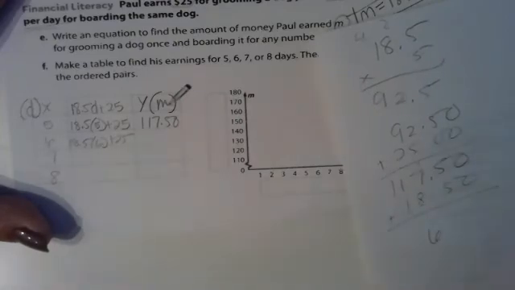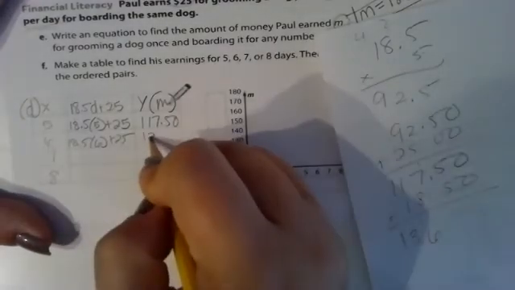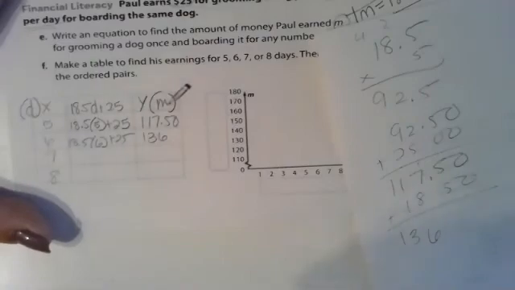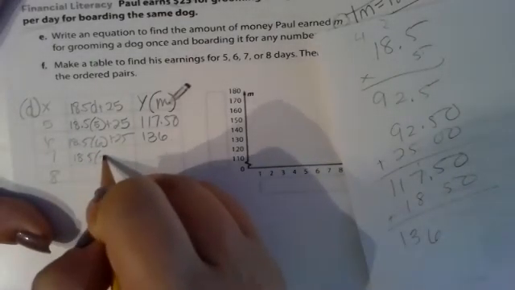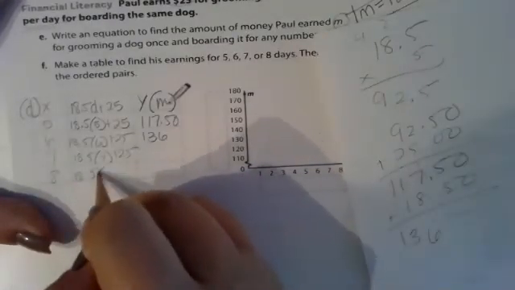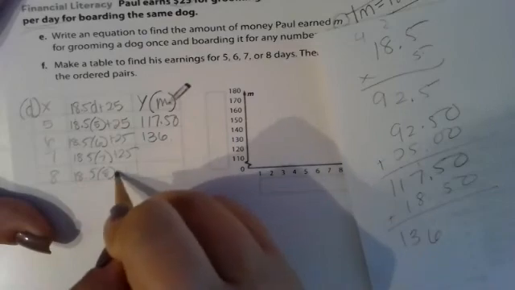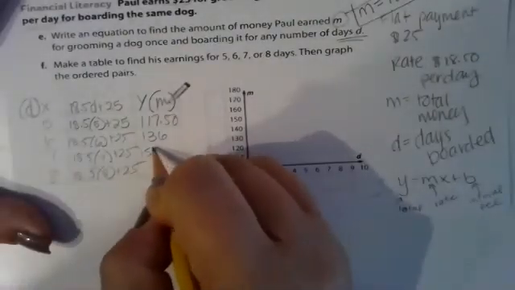So that's a 6, I don't know, 136. So then you're going to finish out this chart here. Which means you should be doing math and not waiting for me to do this for you.